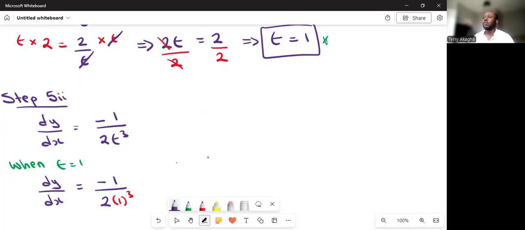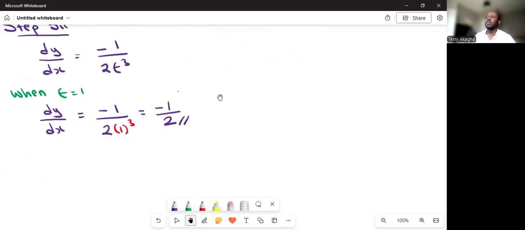When you press your calculator for that, it's going to give us minus 1 over 2. So we can now say the dy over dx, which we know to be mt, is equal to minus 1 over 2.